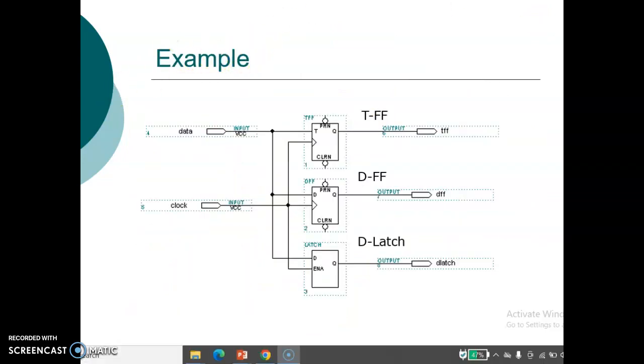Example: D flip-flop, D latch. Here data, here clock, output.